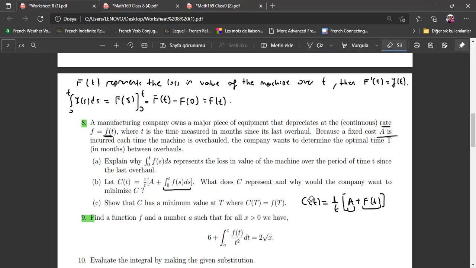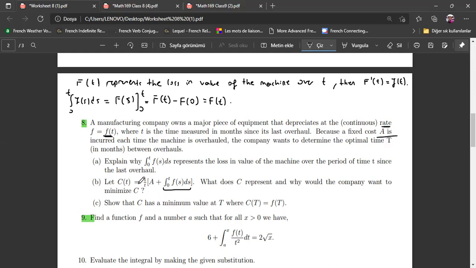And what about the last part? We have this function C of t and we want to minimize it. Recall that in the previous classes, we've done this for some one variable functions. We take the derivative and equalize it to 0, applying the first derivative test.